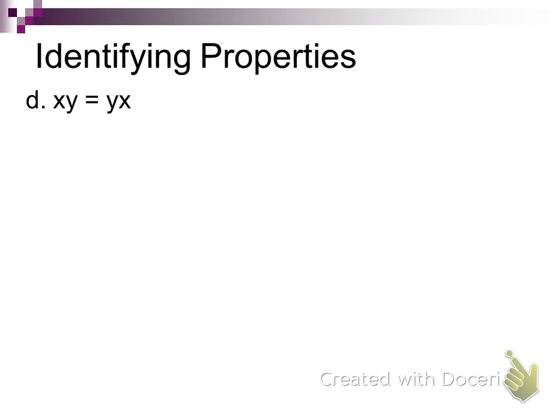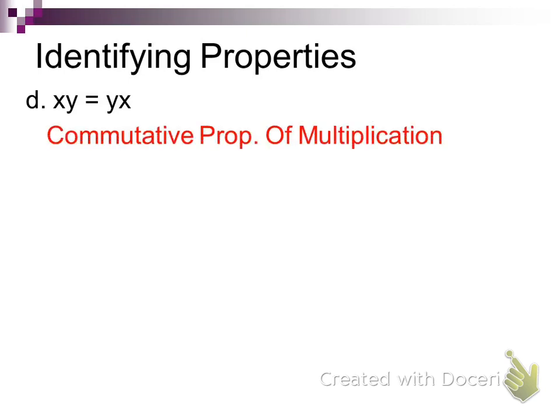All right, here's D. X times Y is the same thing as Y times X. Commutative property of, this time it's multiplication.